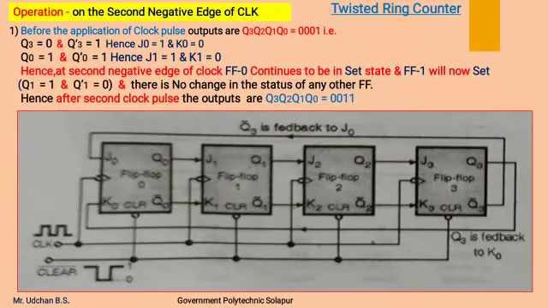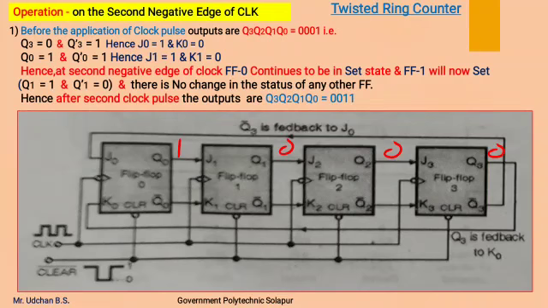Next we will see what the output will be at the second negative edge of the clock pulse. Before that we will write the output status before the application of the clock pulse. Here Q3 is 0, Q2 is 0, Q1 is 0, and Q0 is 1. From this we have to write the JK inputs of each flip-flop.